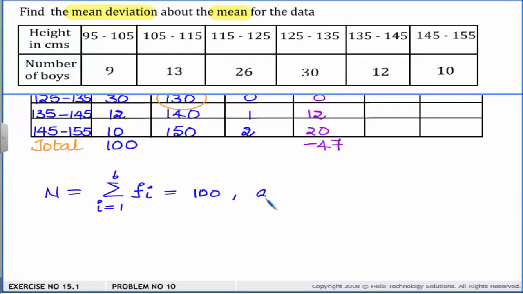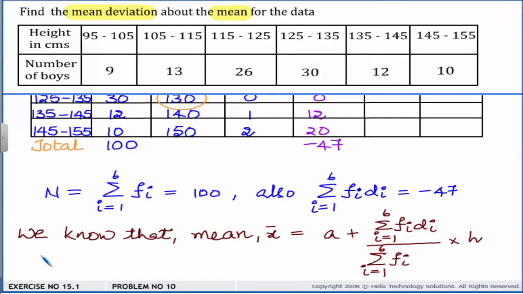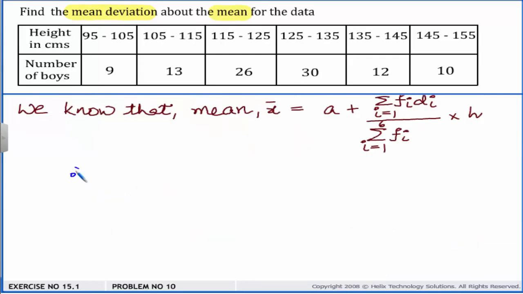Also, the summation of fi into di, where i equals 1 to 6 is equal to minus 47. We know that mean is equal to x bar is equal to assumed mean plus summation fi into di, where i equals 1 to 6 upon summation fi, where i equals 1 to 6 multiplied by the common factor, that is h.